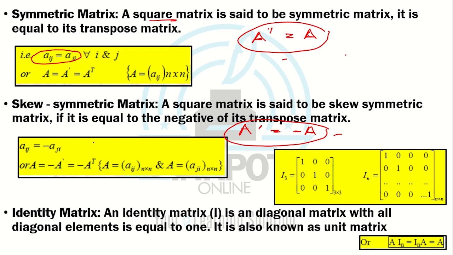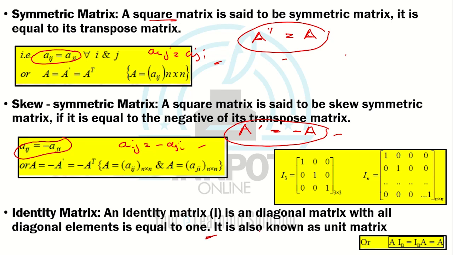And these are the properties. Note that this is the general form in which it is represented, and this is important to remember. For a skew symmetric matrix, Aij is equal to minus Aji. On the other hand, for a symmetric matrix, Aij is equal to Aji. This is something you should remember.